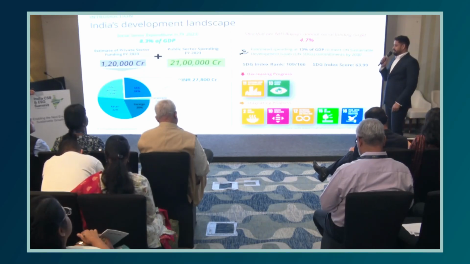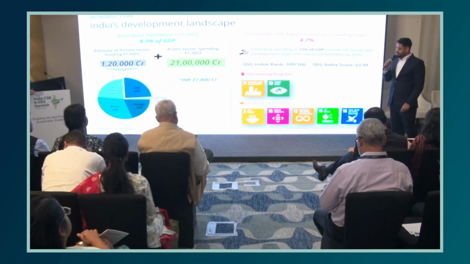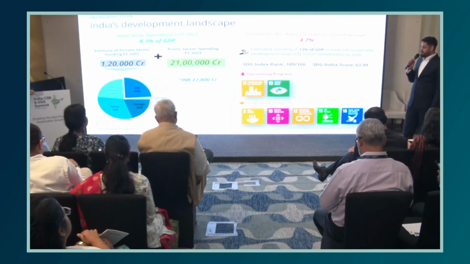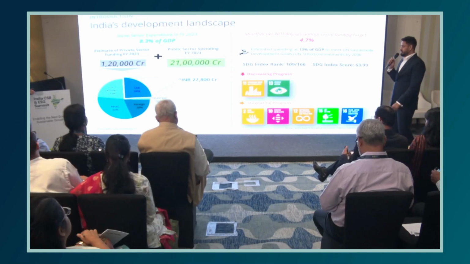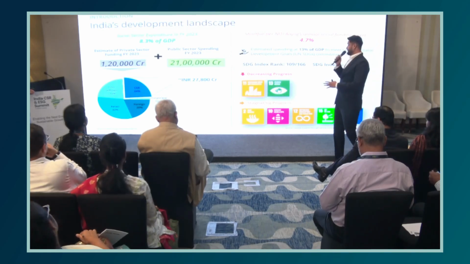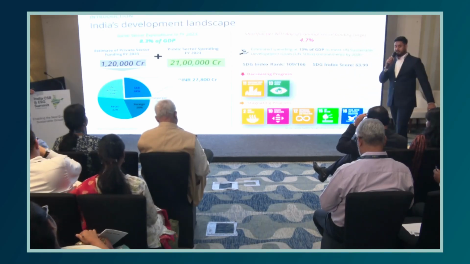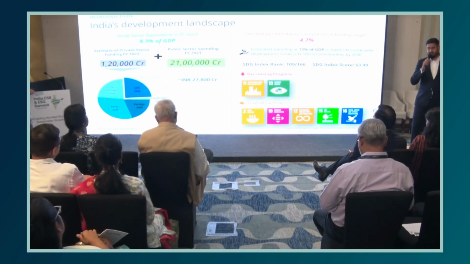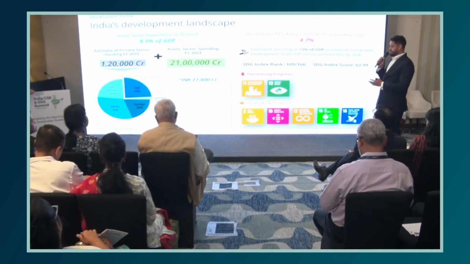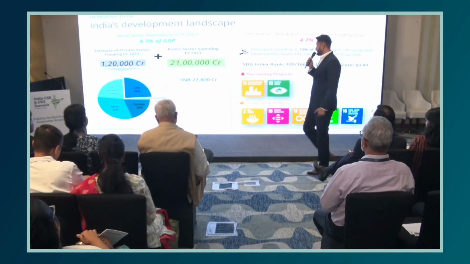India's development landscape, if you see, is about 120,000 crores through private sector funding. We are spending 8.3, but we are supposed to spend 13% of our GDP. And CSR, since we are at a CSR conference, is 27,800 crores.